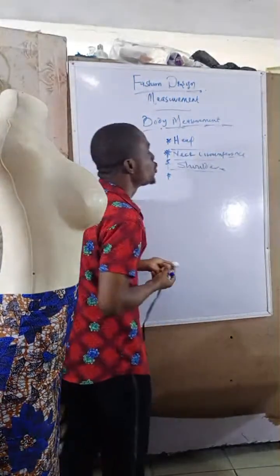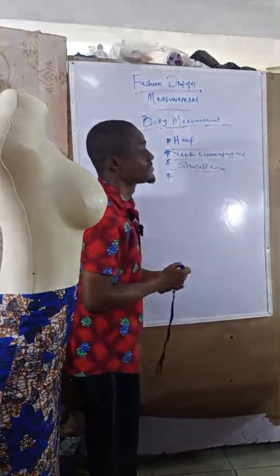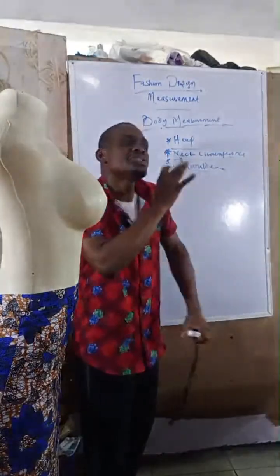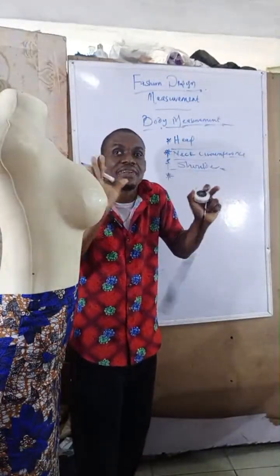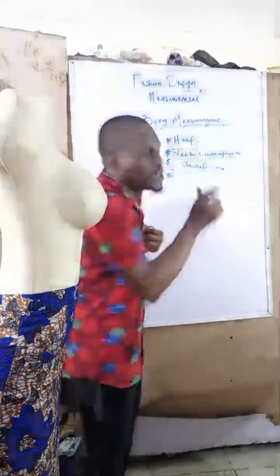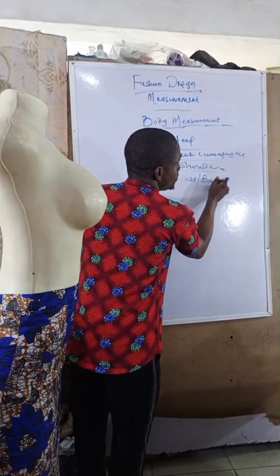So let's continue. Which other part of the body do we have? After the shoulder, let's not go to the peripheral sides. Let's continue. Chest or what? Bust. Okay, so let's do that. Chest measurement or bust.